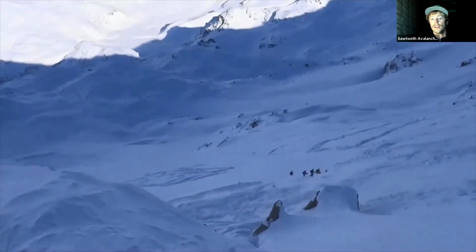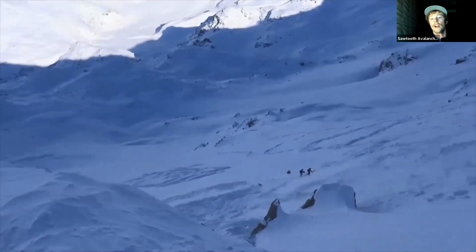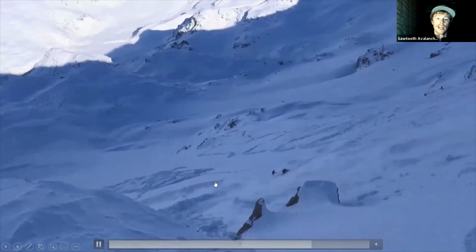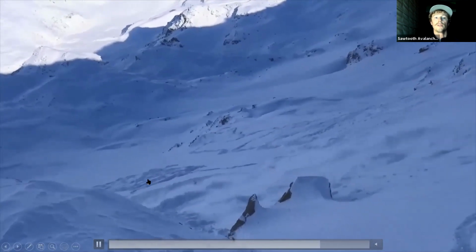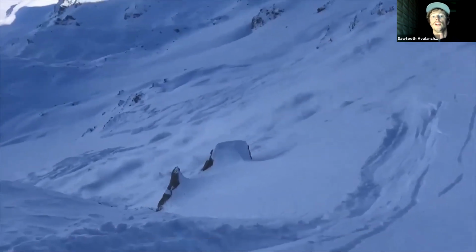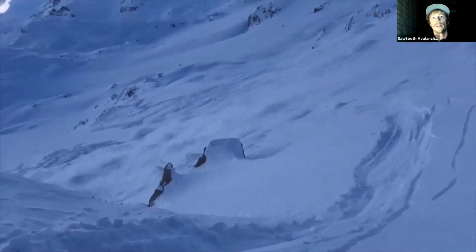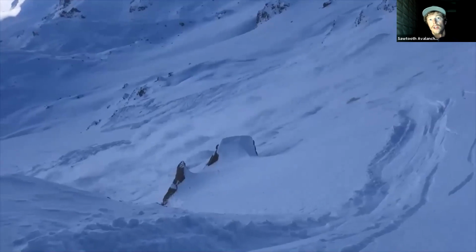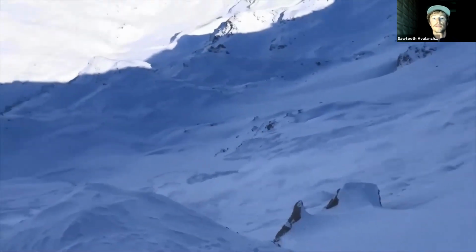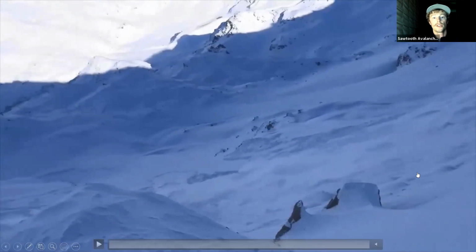What you can also see is that it propagated very widely off to the right, and that fracture propagated downslope some distance and then released in that pocket down in the bottom left hand before then pulling out the majority of the terrain all around them. Thankfully, 3 people were injured and 1 person spent several days in the hospital, but everybody survived this avalanche.